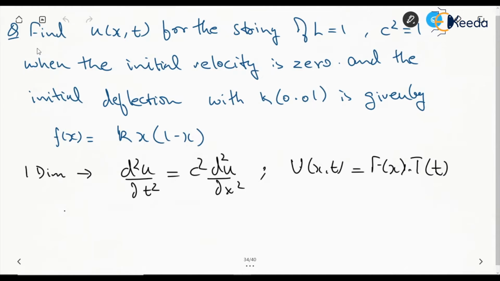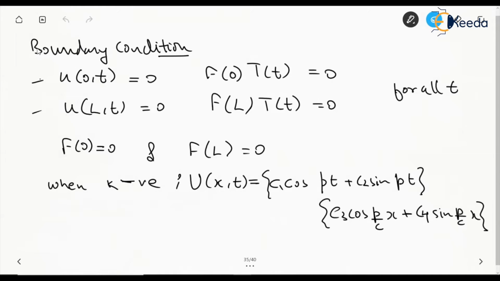So first thing, this is the general equation for the one-dimensional wave equation, of which we will have two boundary conditions. This boundary condition is at x equal to 0 and x equal to L. So from this, the conclusion will be that we can use k being negative, and when k is negative, this is the form we are going to use. So I'll tell you exactly what you have to remember.